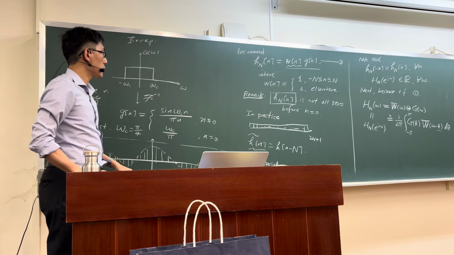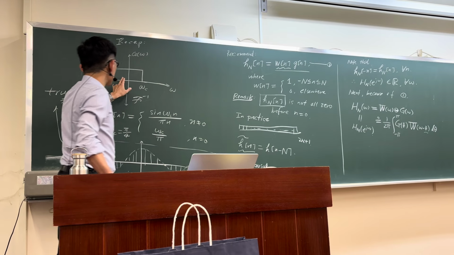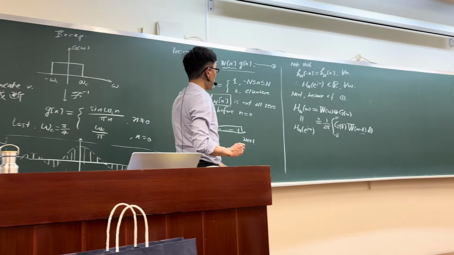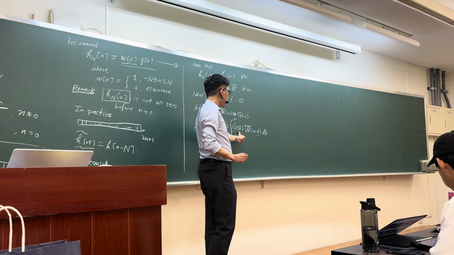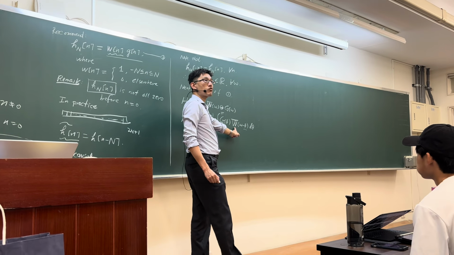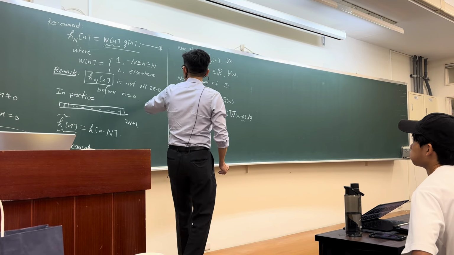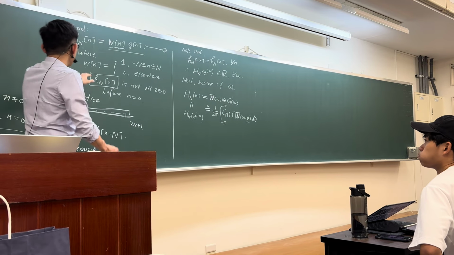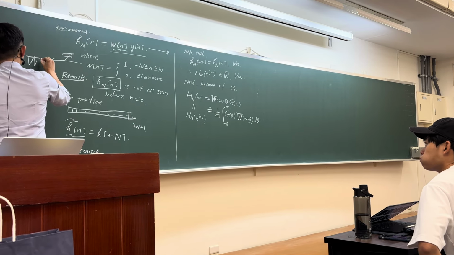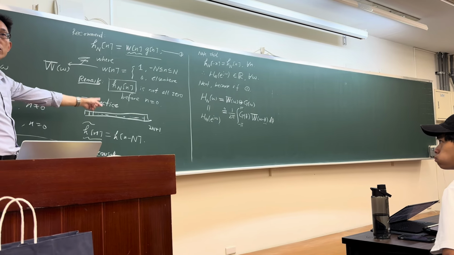After truncation in the time domain, we expect that our response in the frequency domain is the convolution of our ideal response with big W. Big W is the Fourier transform, the spectrum, of our window function.